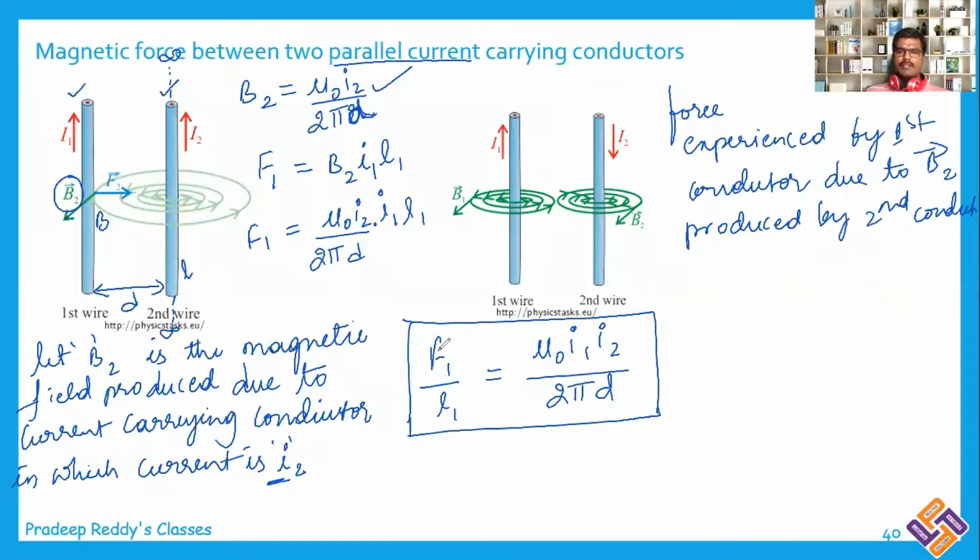And here the force is positive. You are getting F1 positive. As F1 is positive, it is a repulsive force.